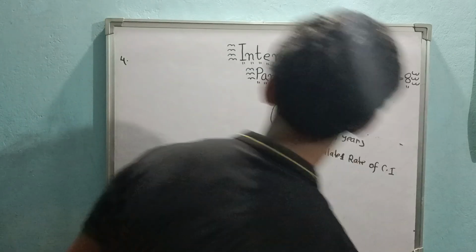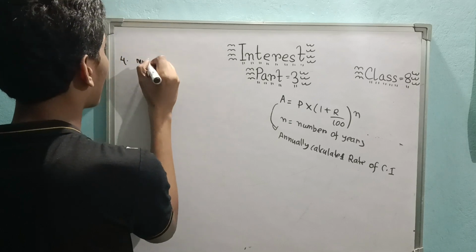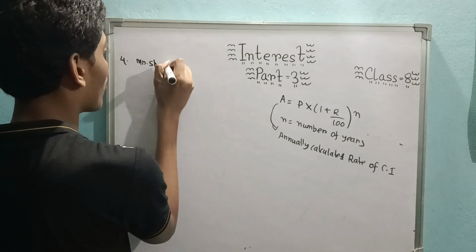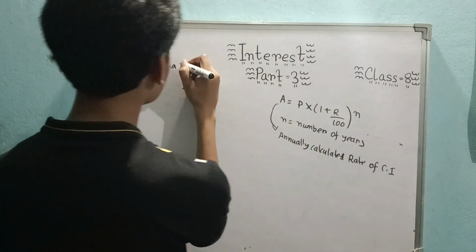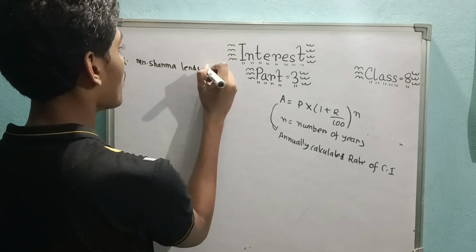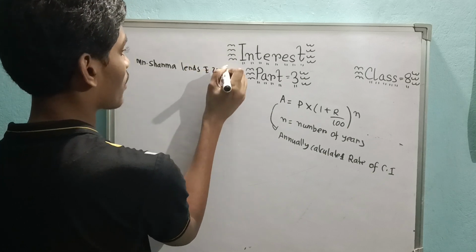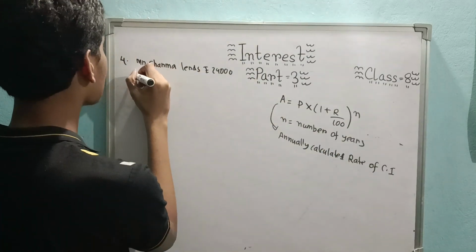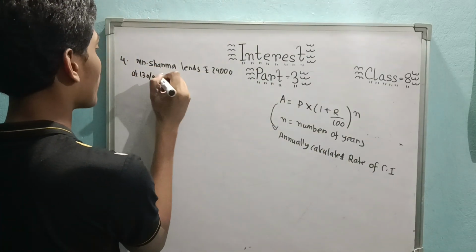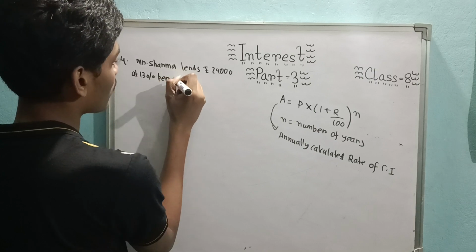Mr. Sharma lends rupees 24,000 at 13% per annum.